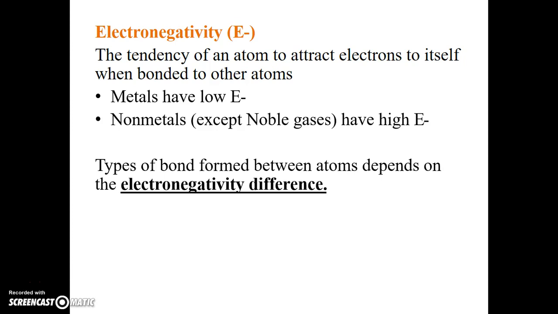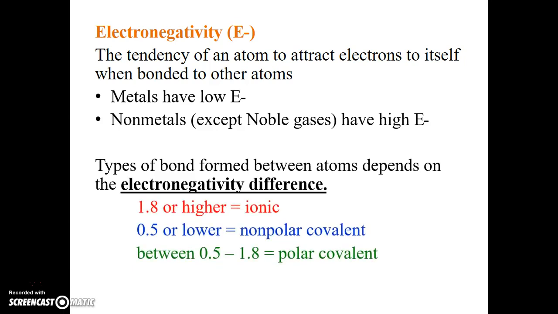So the type of bond that you get depends on the electronegativity difference between the elements. So you need to know the electronegativity values, and you look at the difference, which means you subtract to see what type of bond will form. The 3 categories, of course, are ionic, meaning that electrons aren't shared at all, but they're transferred.